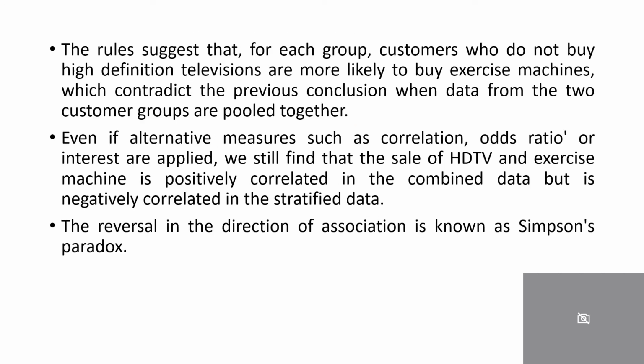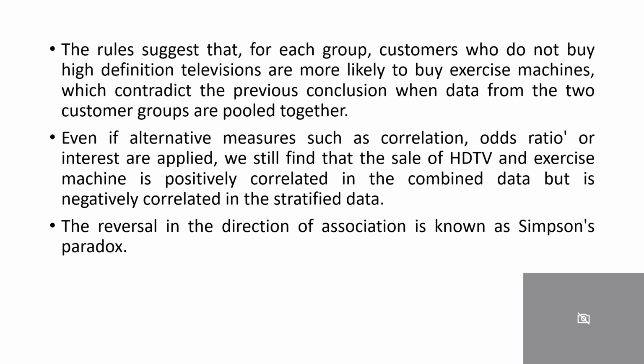The rule suggests that for each group, customers who do not buy high definition televisions are more likely to buy exercise machines, which contradicts the previous conclusion when data from the two customer groups are pooled together. Even if alternative measures such as correlation, odds ratio, or interest factor are applied, we still find that the sale of HDTV and exercise machine is positively correlated in the combined data, but negatively correlated in the stratified data. The reversal in the direction of association is known as Simpson's paradox.